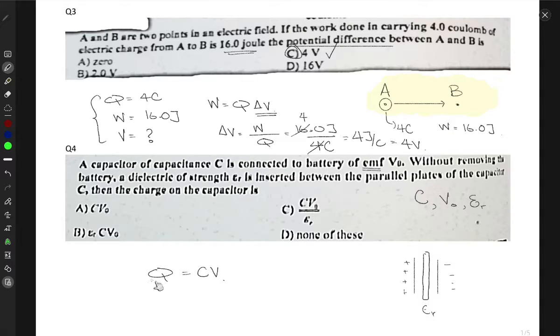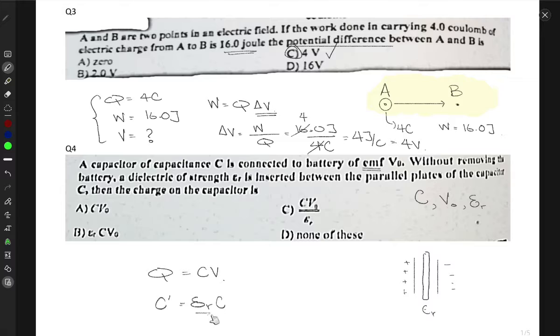Now we know that if I'm inserting a dielectric material of strength between the capacitor, it's going to cause a change in capacitance, right? And the change in the capacitance is measured as the strength of the dielectric material times the original capacitance. So this is the change in capacitance. Let's call it C prime.